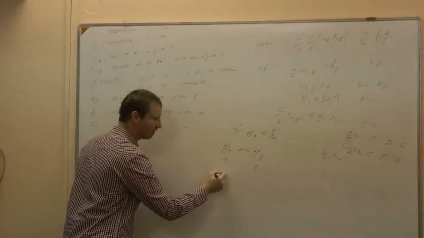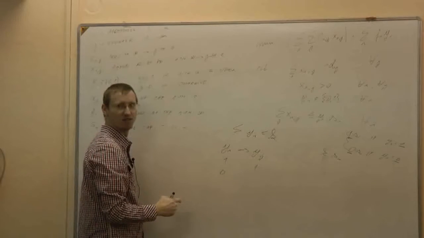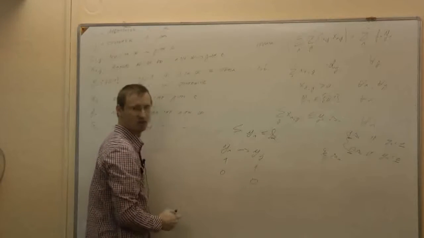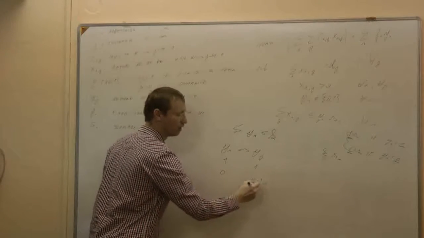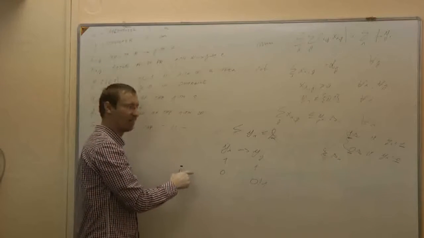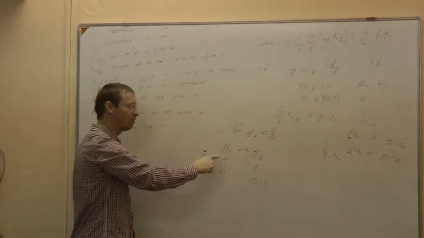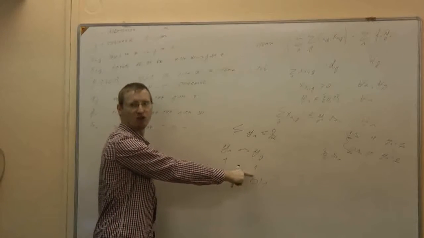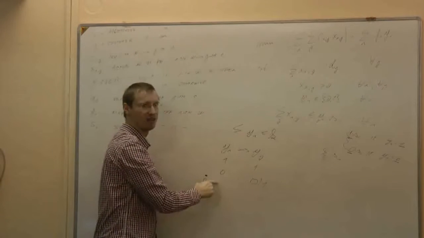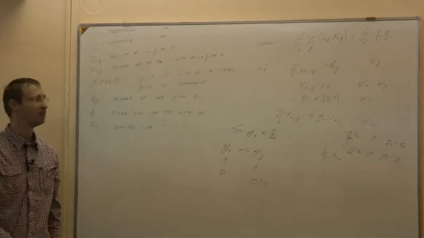But if this is 0, we don't say what should be the value of yj. We are not saying it must be 0. We are saying we don't care. It might be closed, it might be open. We are only saying a one-direction implication. If this is true, this must be true as well. We are not saying what should happen if this is false. Okay? And we will see how to formulate this.